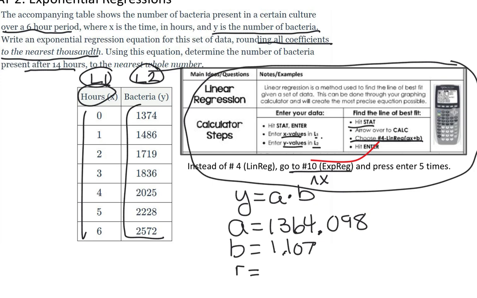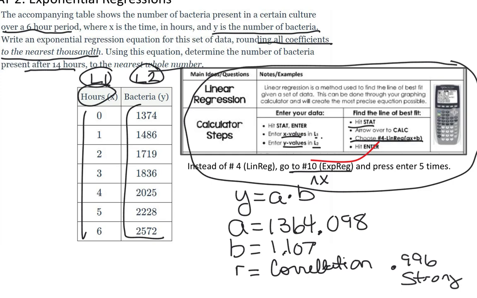If you see an r there, that's your correlation. And the closer you are to the number 1, the stronger the correlation. And this is 0.997 or 6. So this has a strong positive correlation.